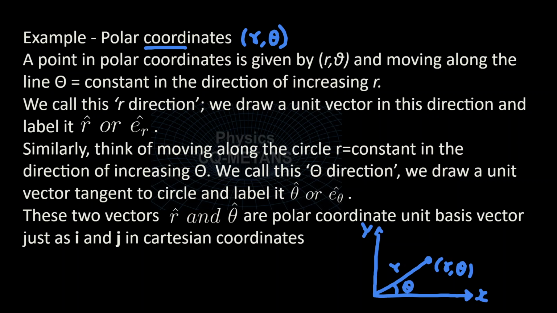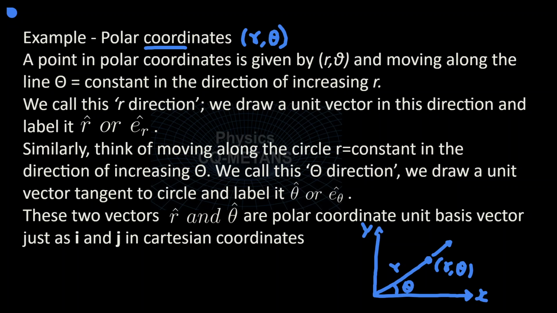Now if we are moving along the line where theta is constant, we are moving along this radial line, in the increasing direction of r.